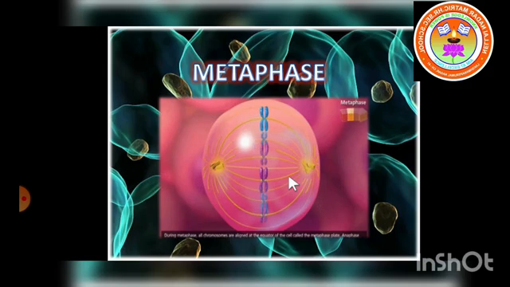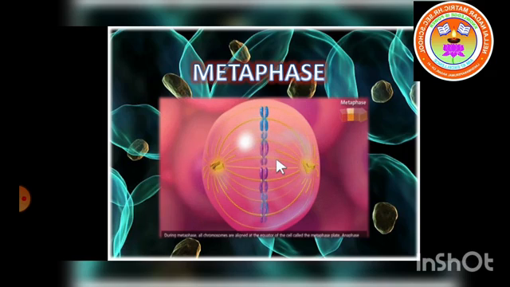Meta means after, that is middle. So the duplicated chromosomes arrange on the equatorial plane and form the metaphase plate. You can see the metaphase plate in the center.